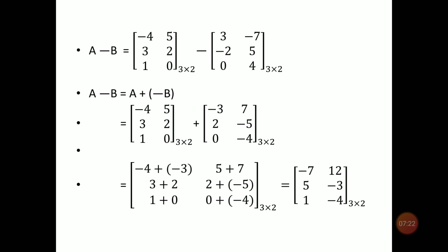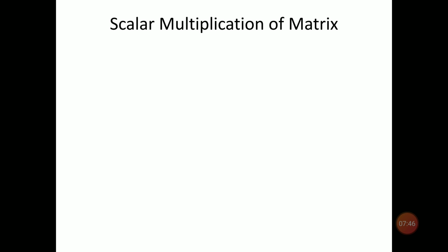Minus 4 plus minus 3 is minus 7, 5 plus 7 is 12 and so on. Lastly 1 plus 0 is 1, because when you add any element to 0 you get the same element, and 0 plus minus 4 is equal to minus 4. In this fashion we define subtraction of two matrices. It's a very easy part.